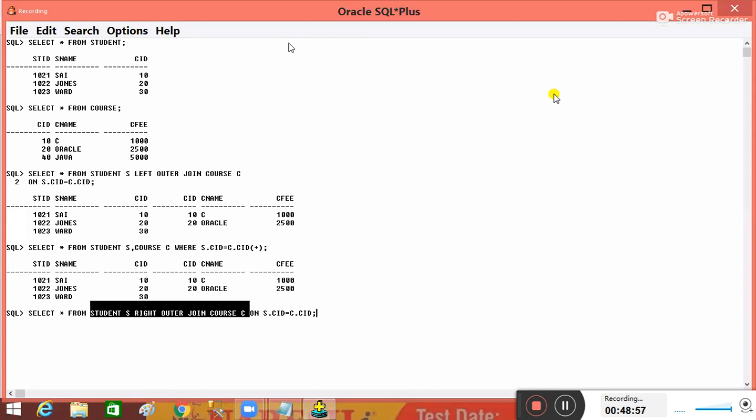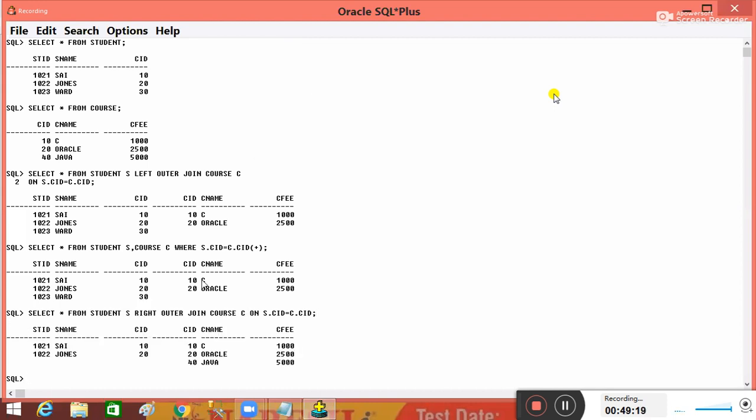The course table. So now all matching and unmatching data comes from the right side table, course, and only matching data comes from the left side table, that is student.